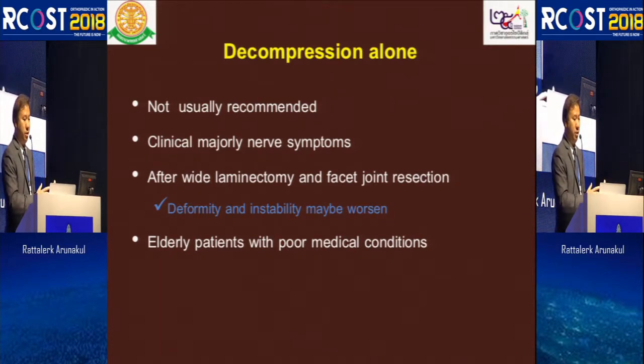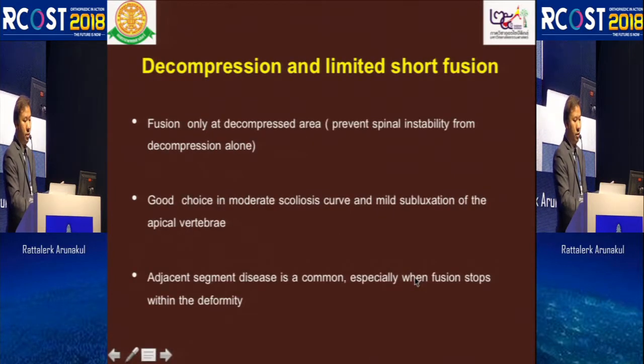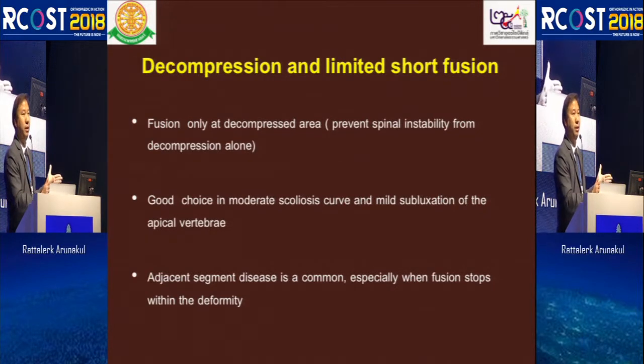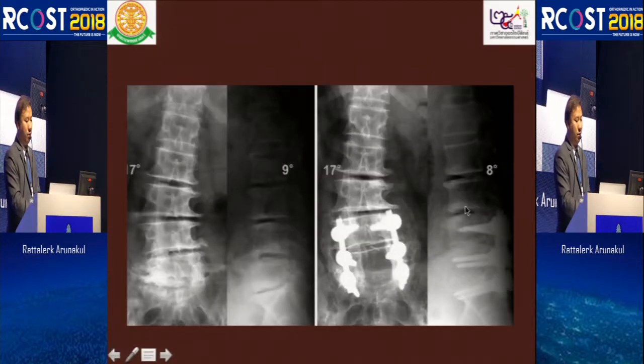But now we have something better. This is a limited short fusion, so you don't want to correct all the deformity, but you just treat the symptomatic levels. But there will be some criteria afterward, like this.